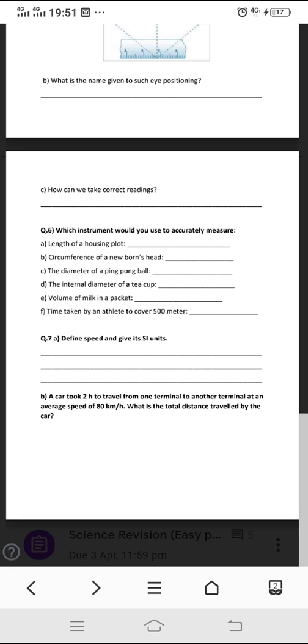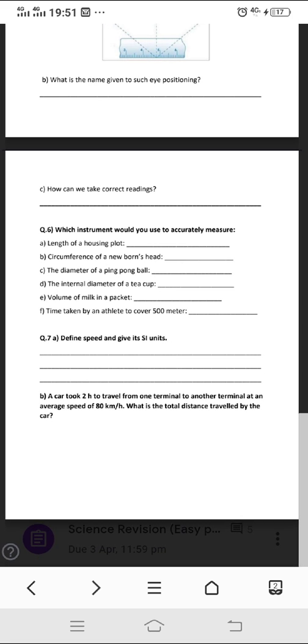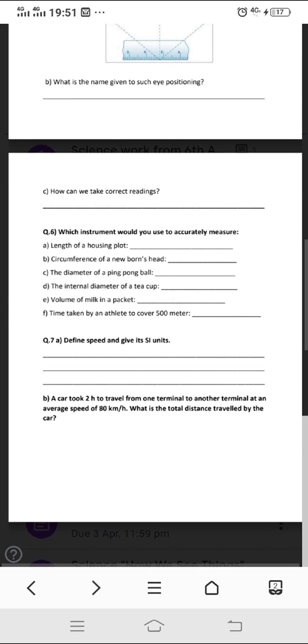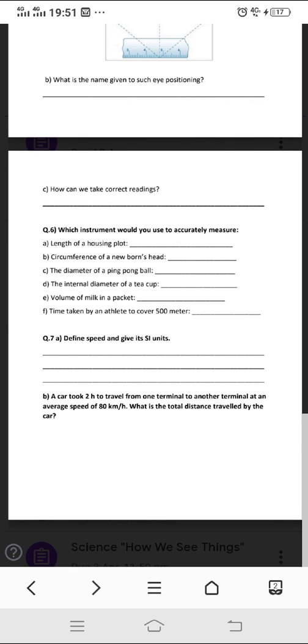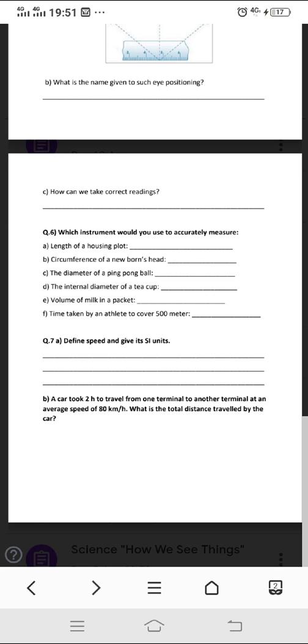So if we have an electronic stopwatch, we'll be able to differentiate between the two, right? We'll be able to recognize who won the race, who won the competition, right? So for more accuracy, you should use electronic stopwatch.